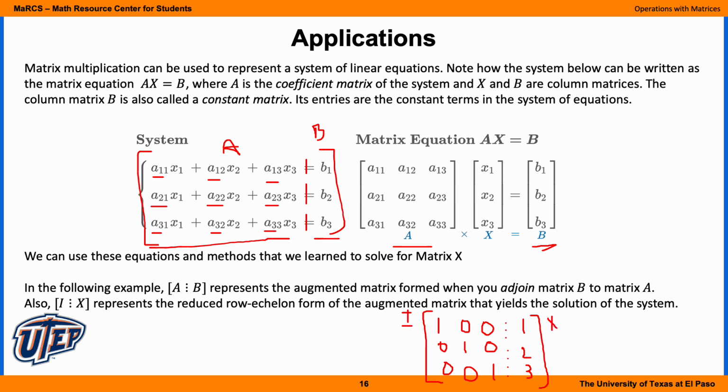So in our case we had X, Y, Z, I believe, but here we're working with X1, X2, X3. So that means we have X1 is equal to 1, X2 is equal to 2, and X3 is equal to 3. So this is what they mean in this portion right here, and how that yields the solution of the system.